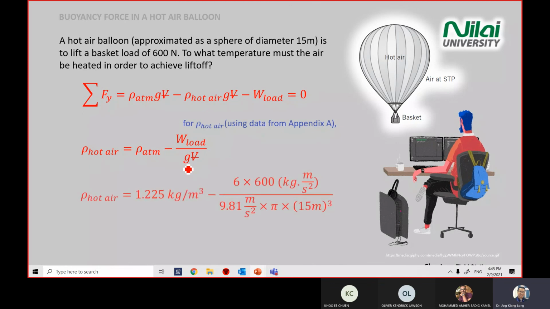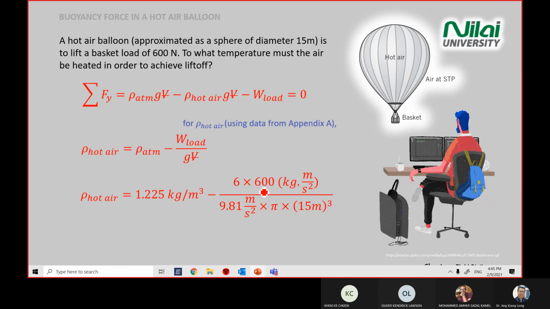The next is just application of your mathematics. So rho ATM is 1.225 kilogram per meter cube, minus the load, which will be 600.